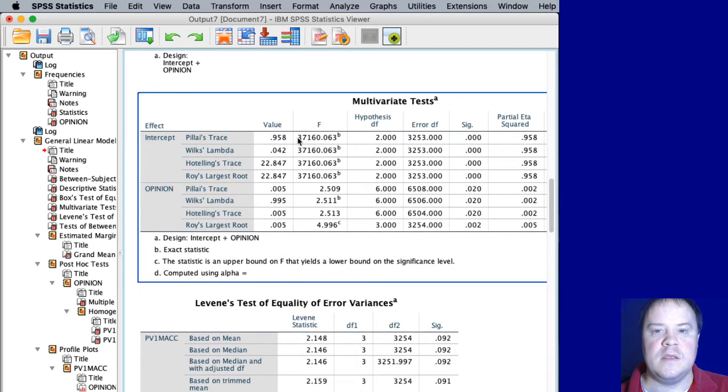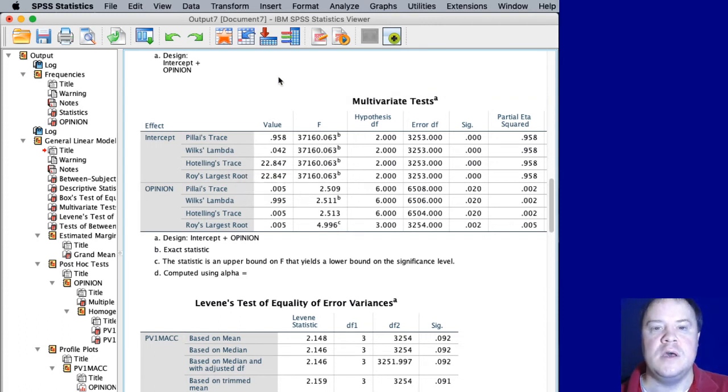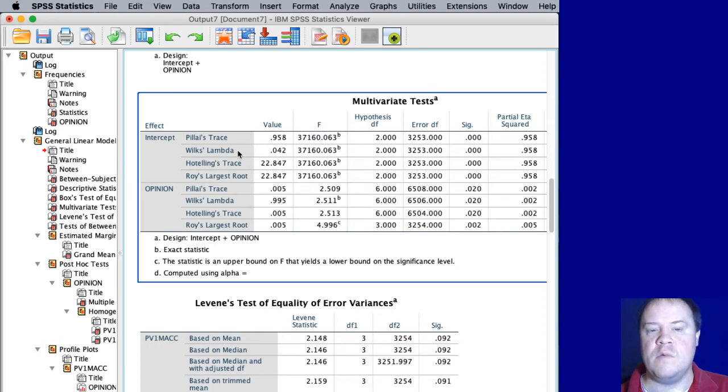All right, if we look at the multivariate test, last time we used Hotelling's trace because it is very similar to a t-test value. And this time, because we have more than two groups, we're going to be using Wilks' lambda. You can see here, that's the intercept. For the opinion variable, Wilks' lambda has a p-value of 0.02, so it's telling us that it is statistically significant.